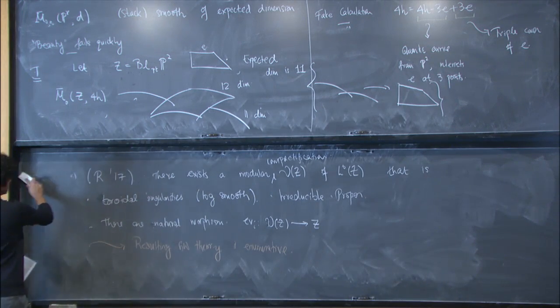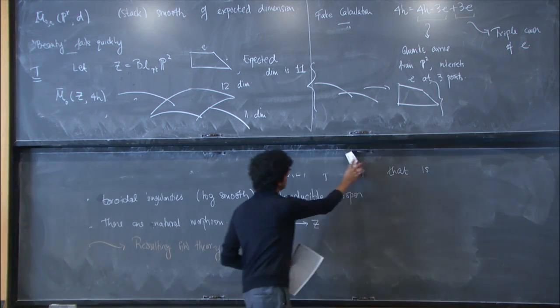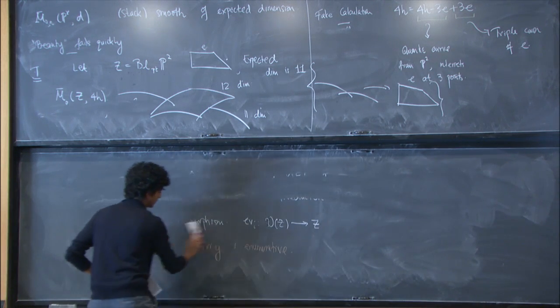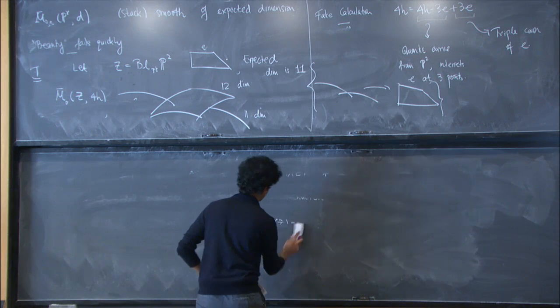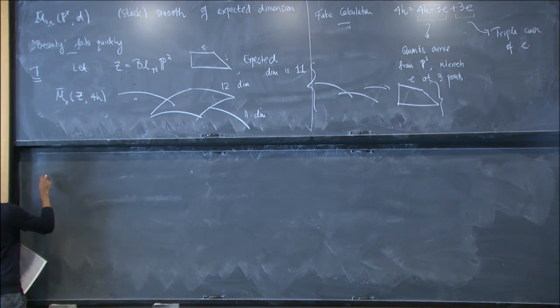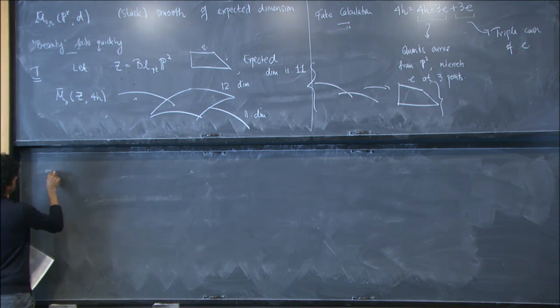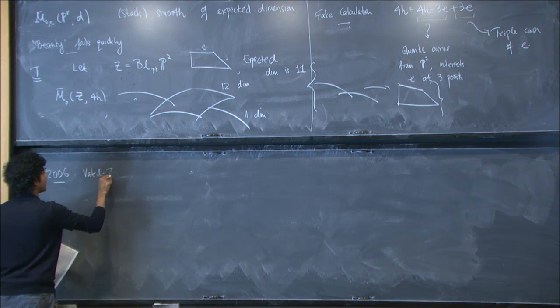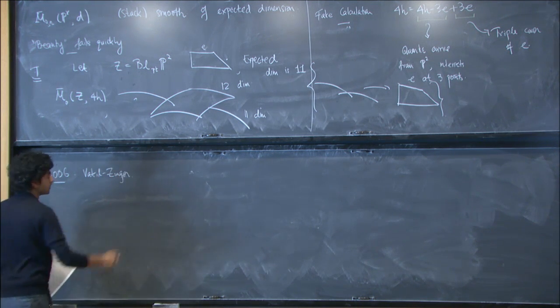Okay, so the inspiration, I should have said this earlier, the main connection to mirror symmetry here comes from the fact that in 2006, Vakil and Zinger gave a really nice desingularization.